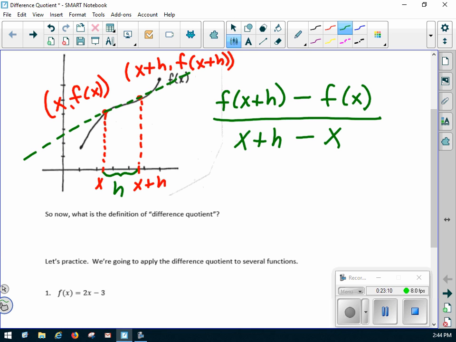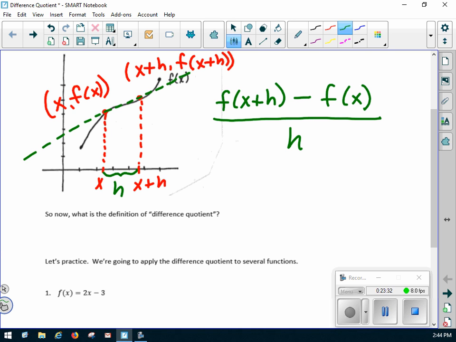It's just h, right? Because x minus x is 0. Don't make this harder than it is. What did you just find? The slope. You didn't find h. You found the slope of that line, right?